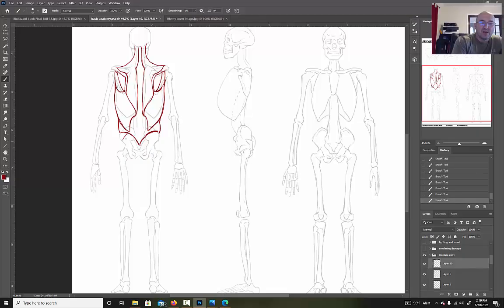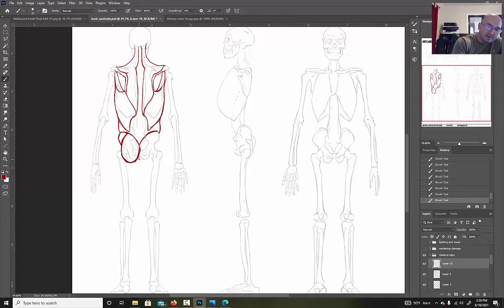So right here, this little bulb of a muscle that you see here is the gluteus minimus. And then the larger muscle that is going to wrap here is, of course, the gluteus maximus.